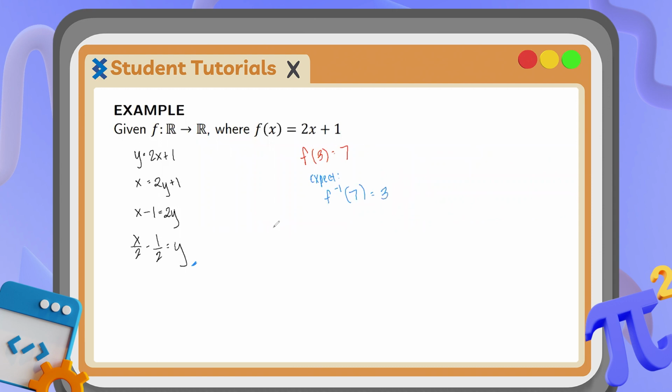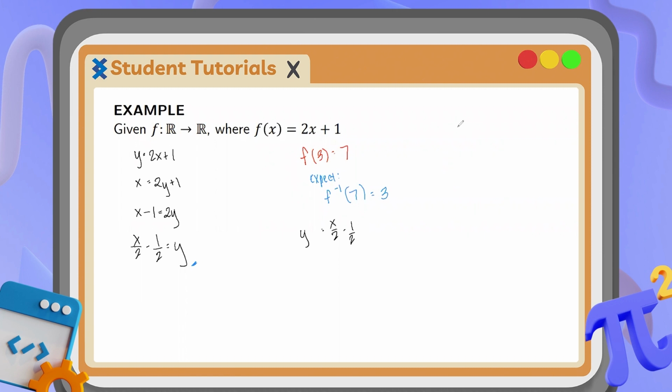So let's try actually doing it, where f of negative 1, y, is equal to x over 2 minus 1 half. Let's not confuse ourselves. Let's just put this as is.